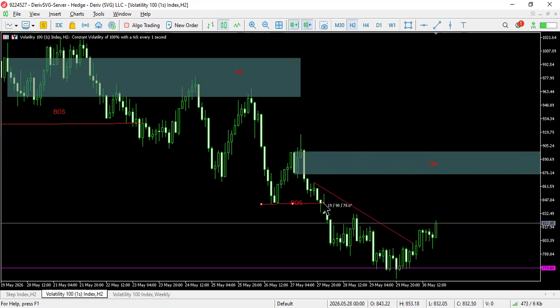So adjusting the break of structure, we're going to have that. And then I'm seeing these levels as liquidity levels that price has to clear.